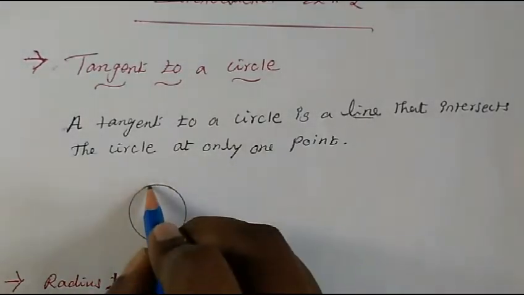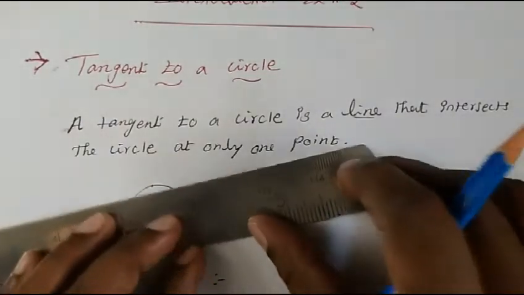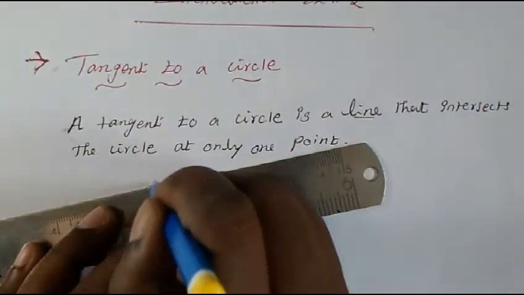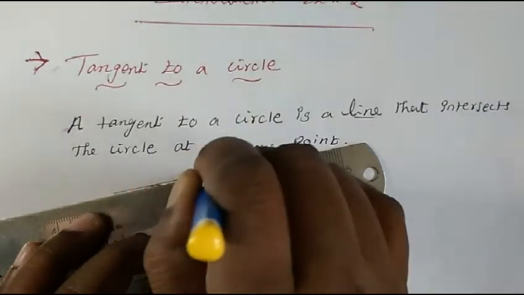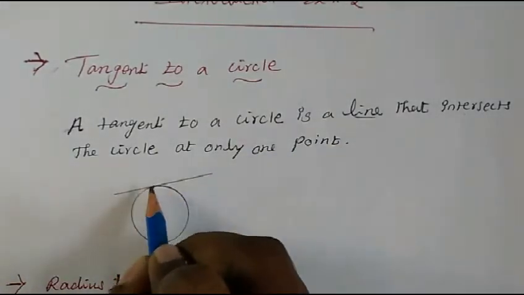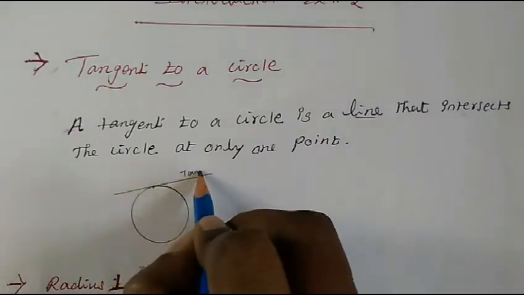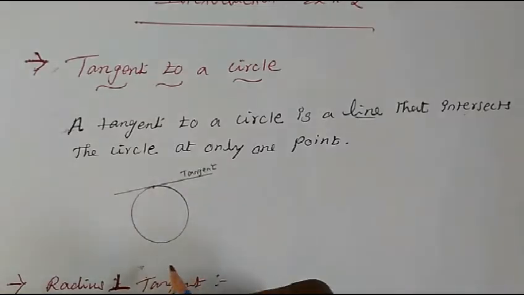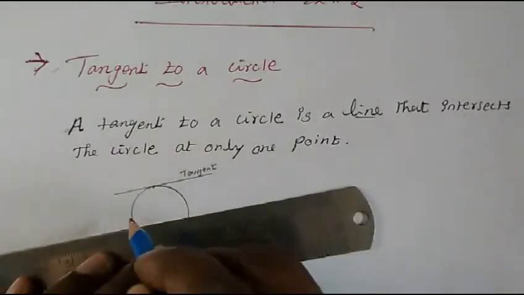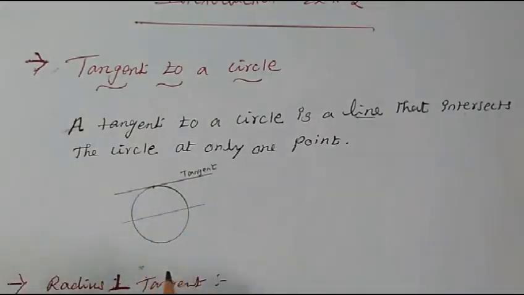For example, you take one point on the circle. A tangent is a line which will intersect the circle at only one point. If you see this line, at one point only it will intersect the circle, so we call it a tangent. If you draw a line here in the center, this is not the tangent.